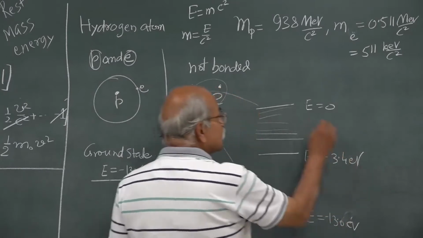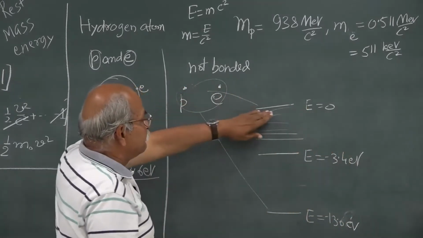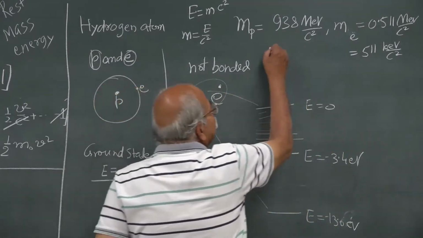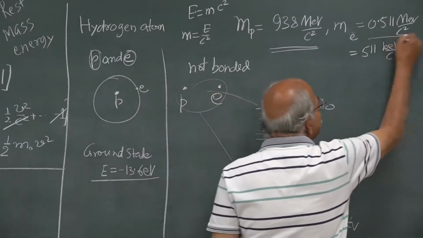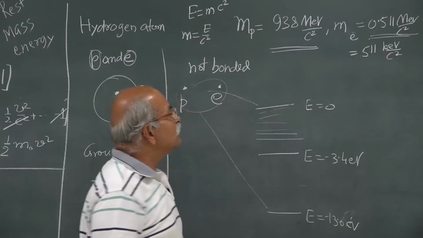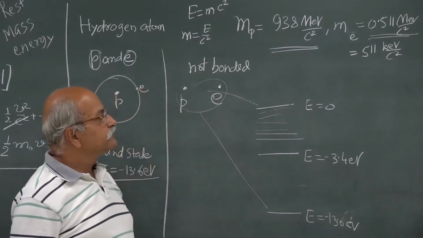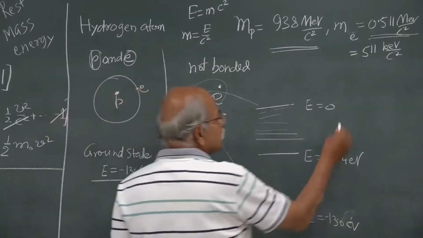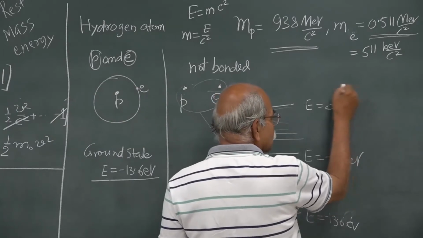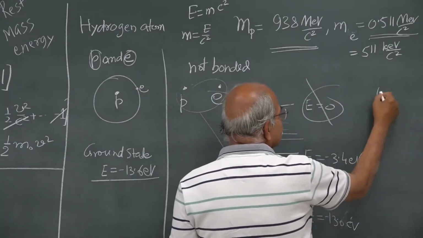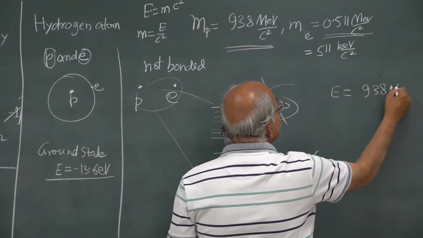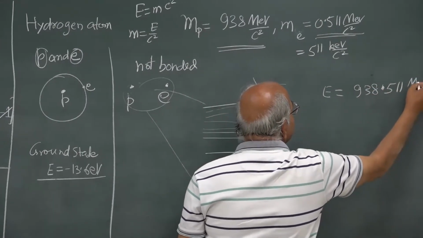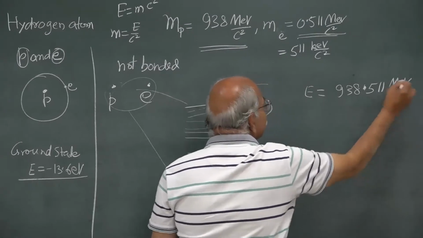So, the energy here is 938 MeV by c square plus 0.511 MeV by c square, that is 938.511 MeV by c square.